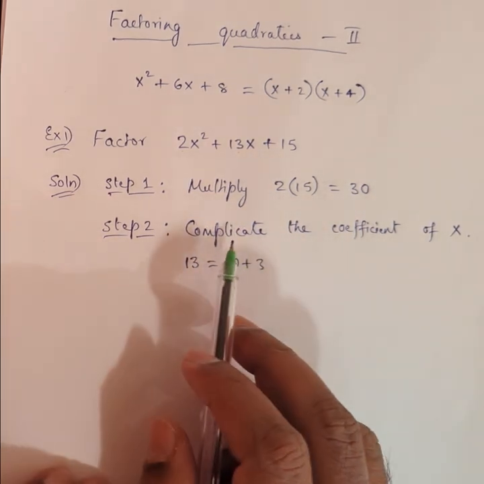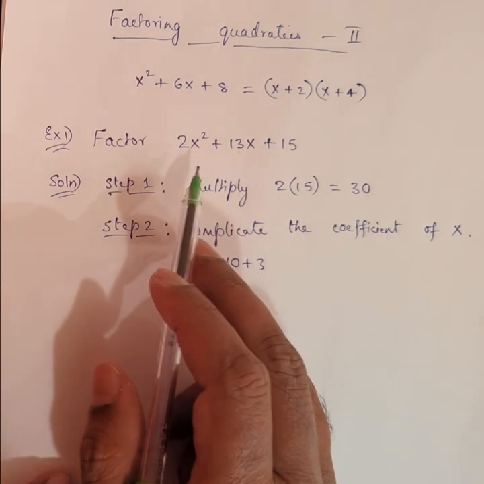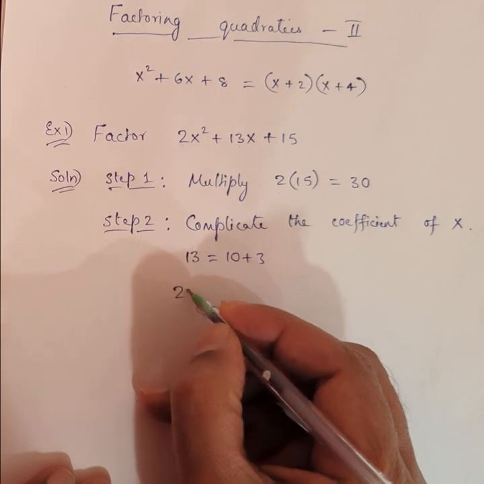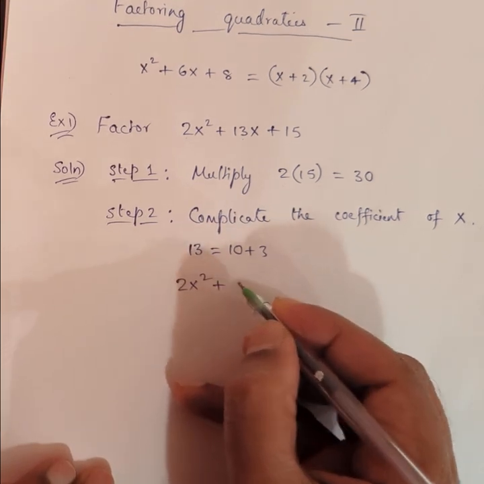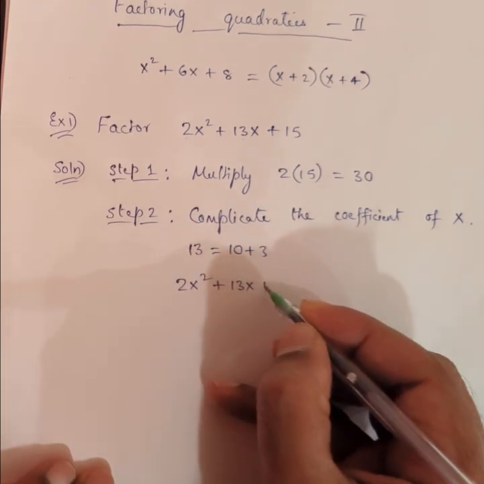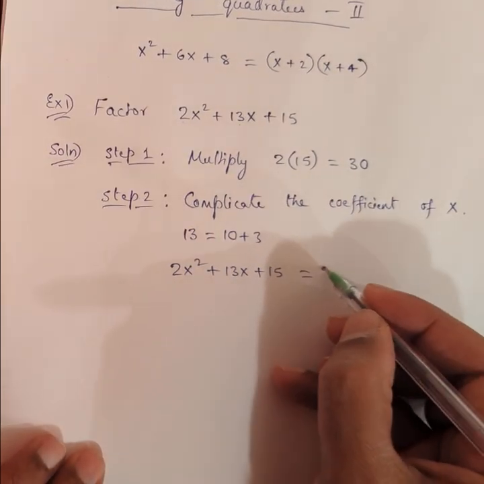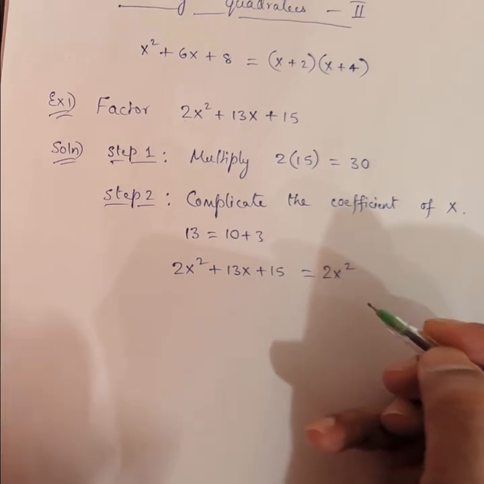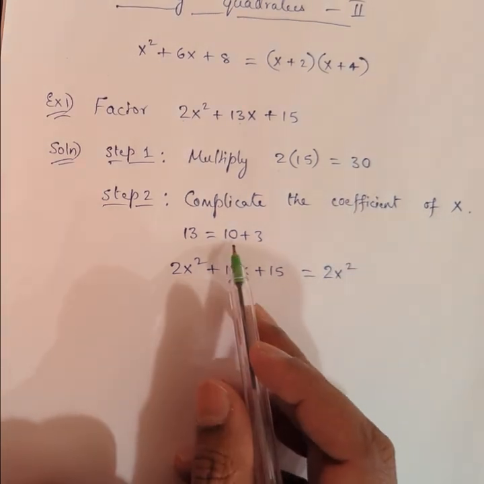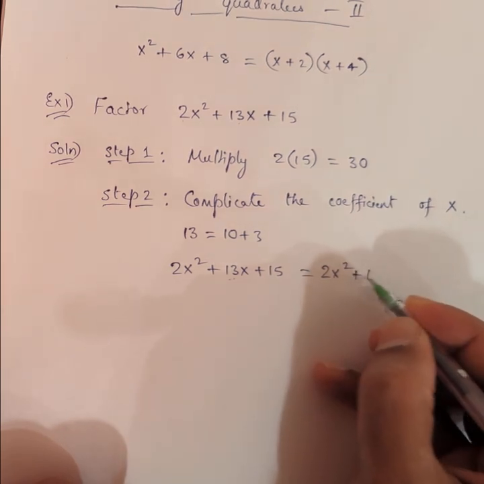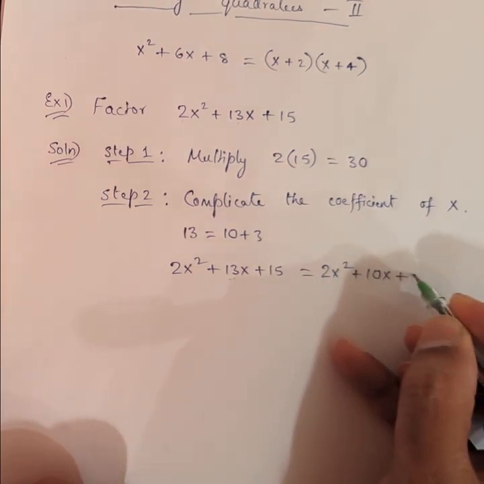So yes, we want to write 13 as 10 plus 3. And this is what I mean by complicate the coefficient of x. So I want to rewrite my quadratic expression, 2x squared plus 13x plus 15. It has 3 terms. Now I'm going to have 4 terms. Instead of 13, I'm going to write 10 plus 3. So 13x becomes 10x plus 3x.